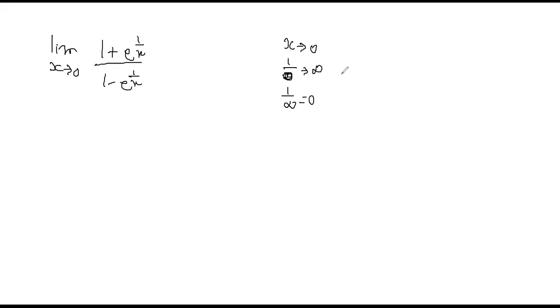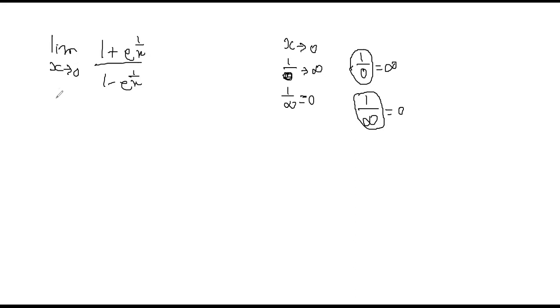You know 1 by 0 is not defined, it is infinity, and 1 by infinity is equal to 0. Got it? This is the definition.